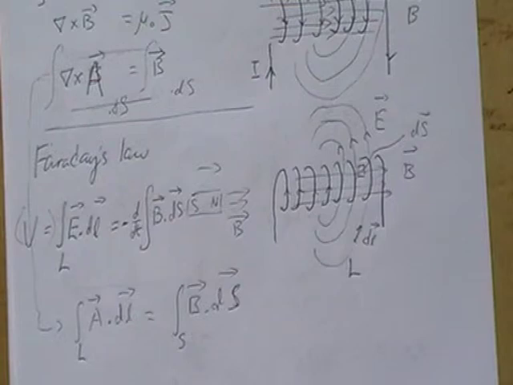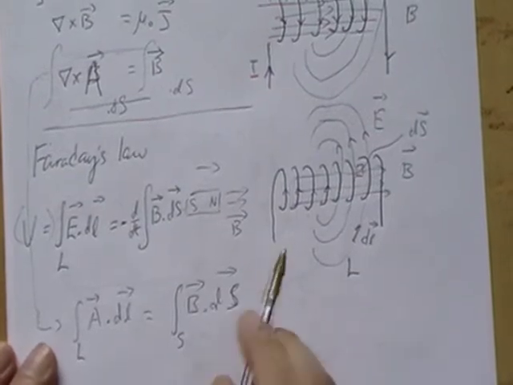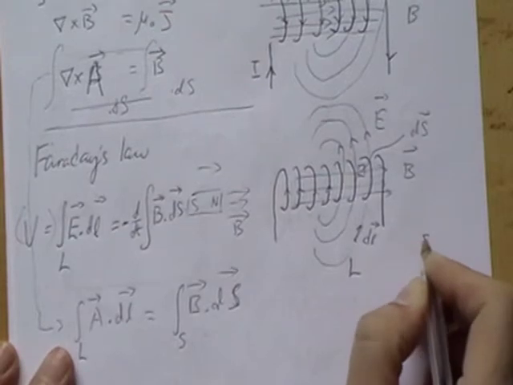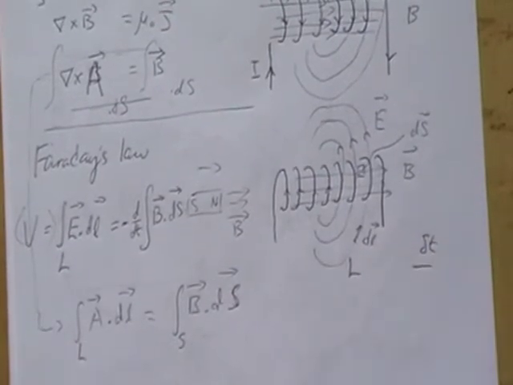So let's find this connection. Now, think about the change in the magnetic field in a short time, delta t.